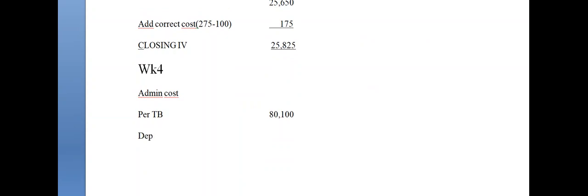Depreciation, building. How much do we have? I think it's 7 something. 7,575. Is there any other adjustment to it?